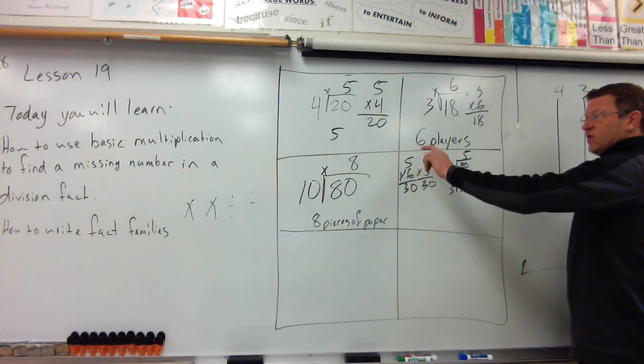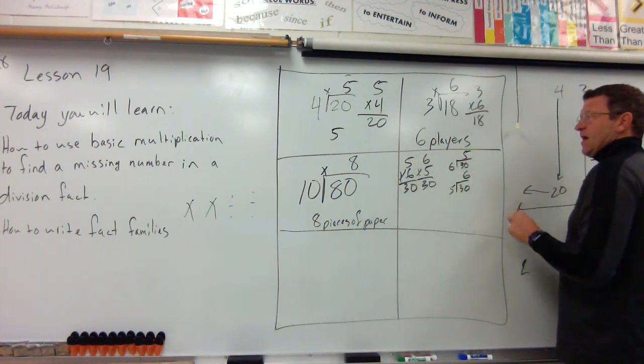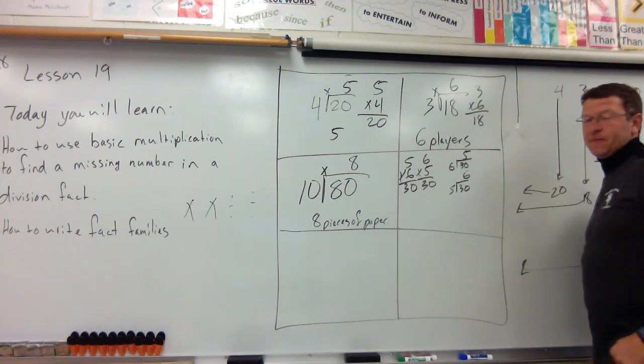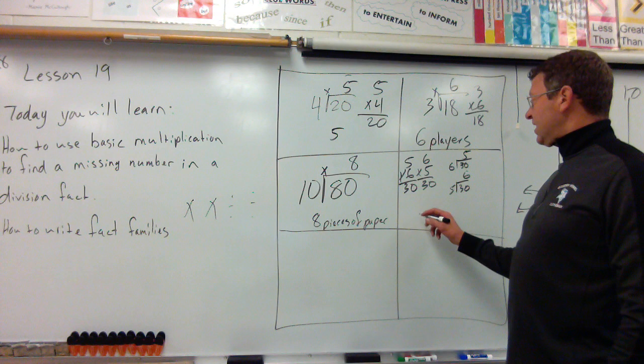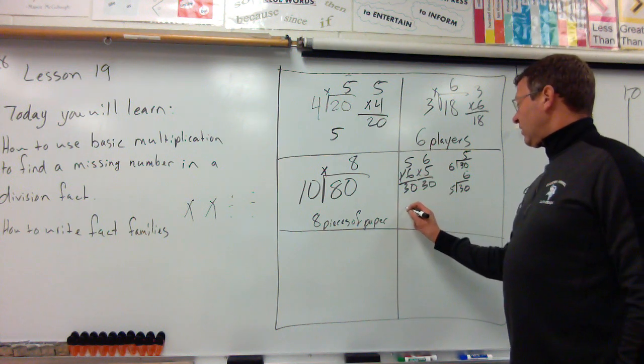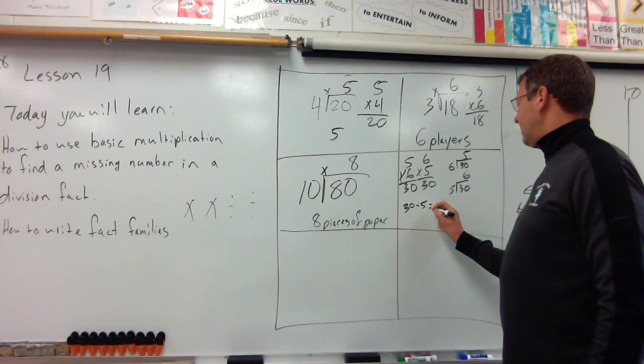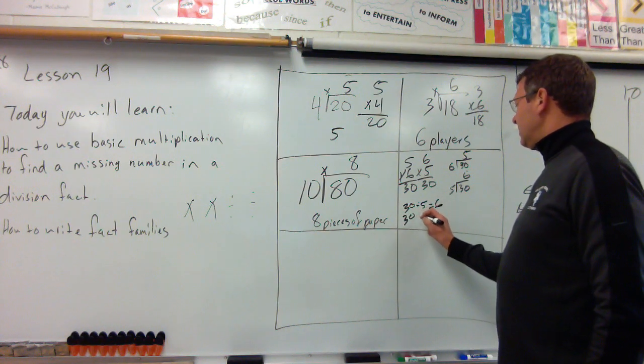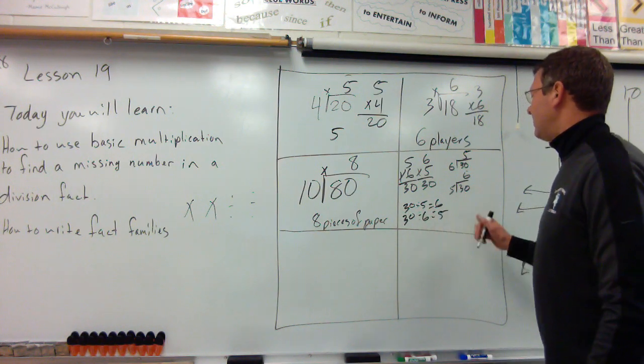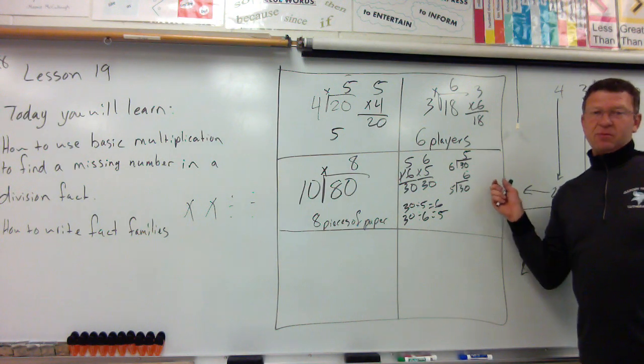You notice the 5 and 6 just switch places here? Now if you want to do this with a division sign, like you did here, you could write 30 divided by 5 equals 6, and 30 divided by 6 equals 5. It's your choice. I kind of like the division boxes.